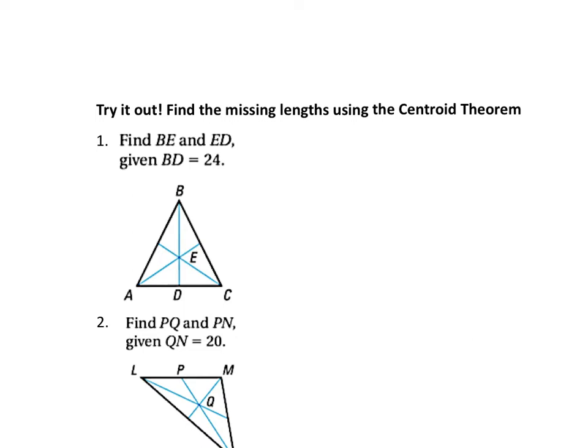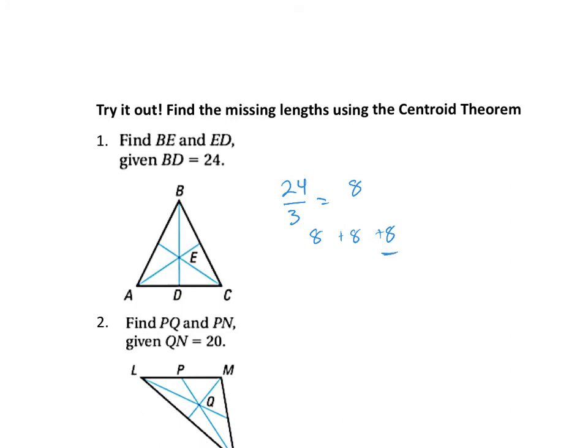So BE and ED, find BE and BD. Given that this is all centroids, and BD, the entire distance, is 24. I'm going to take 24 and divide it by 3 so that I know what the thirds are, and I got 8. So I have 8 plus 8 plus 8 for the entire distance.